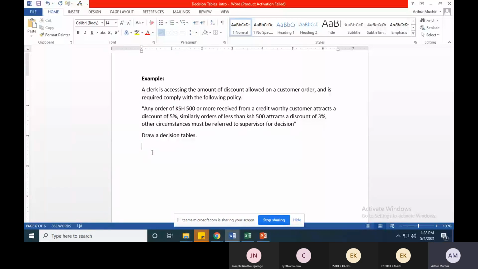We'll also be checking whether the person is a creditworthy customer. So we are checking two conditions: whether your order is greater than 500 and whether you are a creditworthy customer. So those are the conditions that will determine the discount.